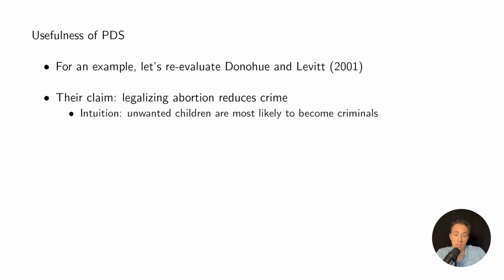So the intuition is that unwanted children are the ones who are going to likely become criminals. And so if we legalize abortion, then we'll reduce the number of criminals 15 to 30 years later.